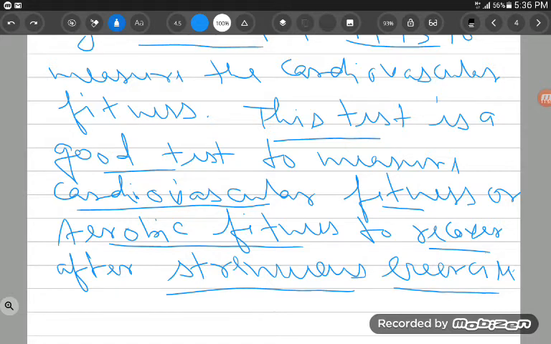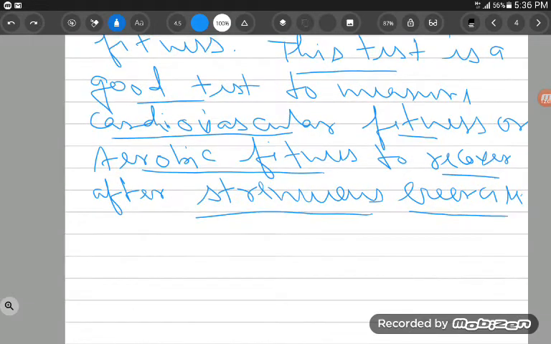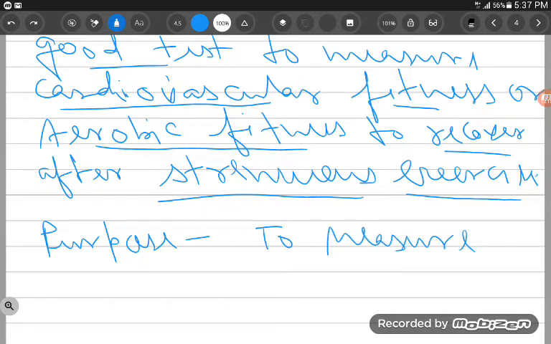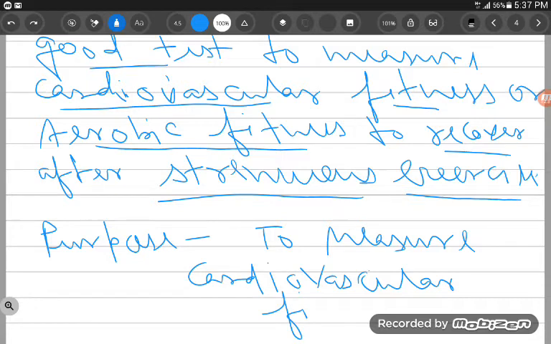Strenuous means hard activities, fast activities. Okay, what is the purpose of this test? The purpose of the test is to measure cardiovascular fitness.